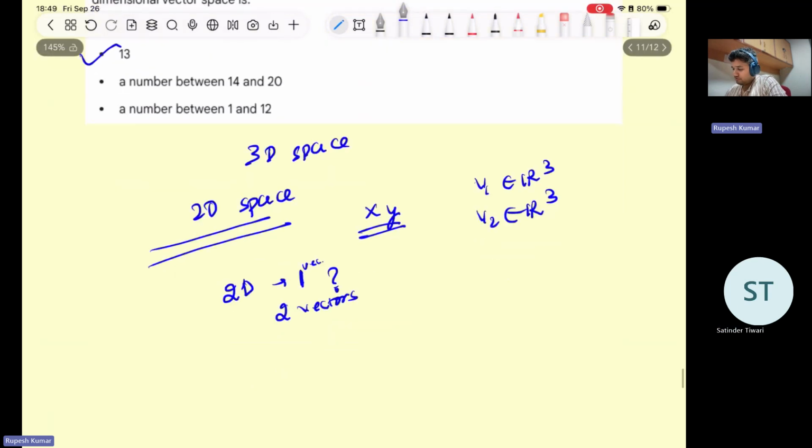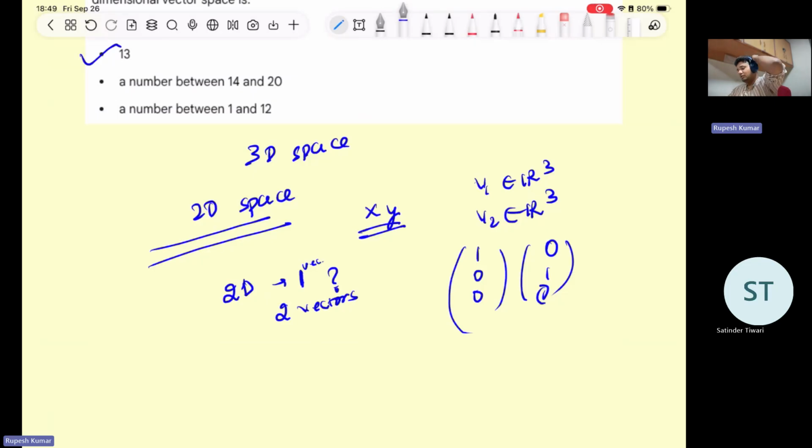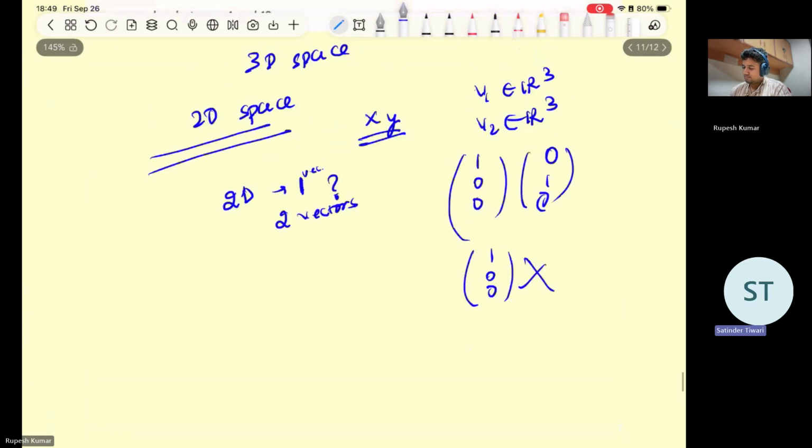So basically, let's say I want to span the XY plane, but I have vectors in R3 space. The vectors 1, 0, 0 and 0, 1, 0, these two are sufficient to span the 2D space. But if I choose only 1, 0, 0, you won't be able to span all the R2 space, right? Is this clear? Yes, sir. If you take two vectors, can we reach three dimensions?